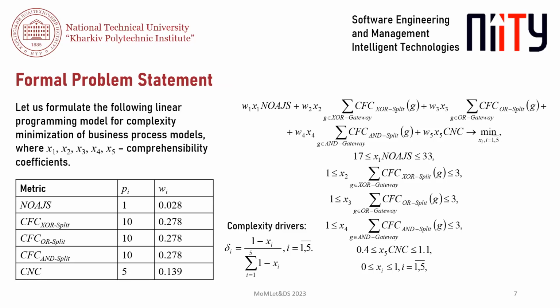And there are also respective weights used for each of these metrics based on their priorities. Using these comprehensibility coefficients, by solving this linear programming task, we can find complexity drivers. Each of these drivers represents the weak spots based on the respective metric.